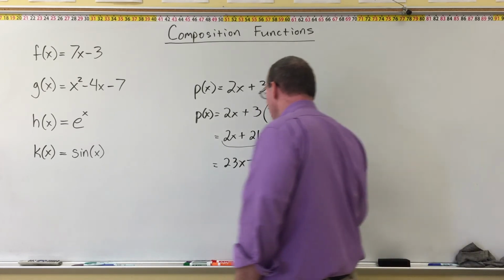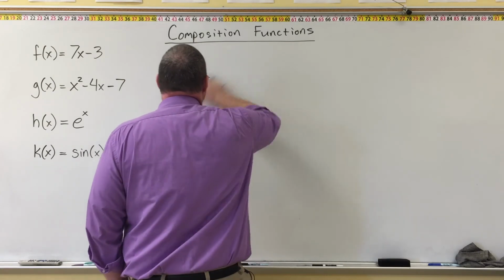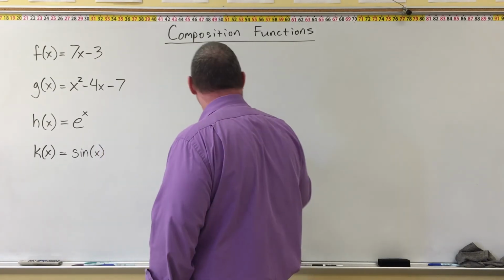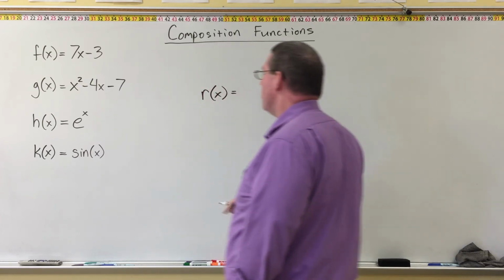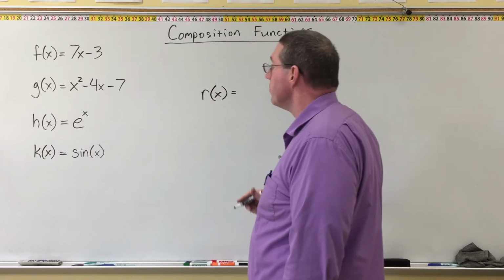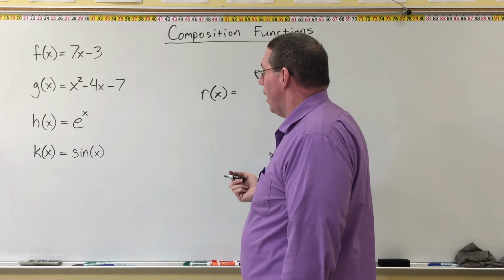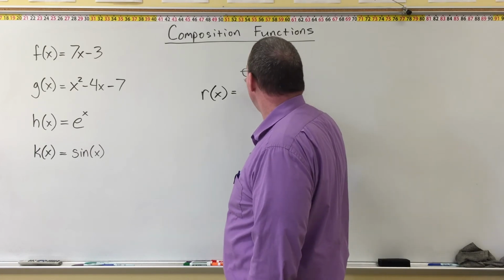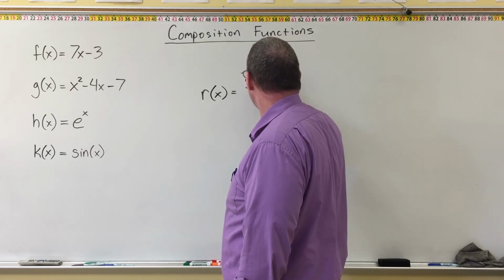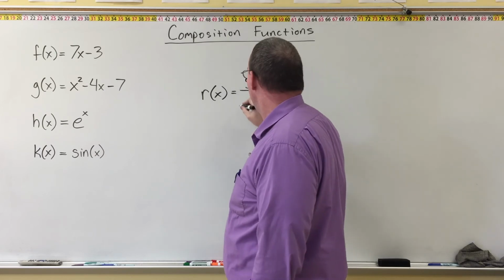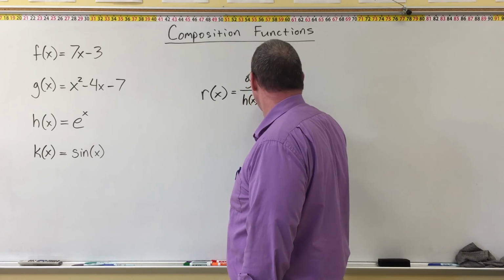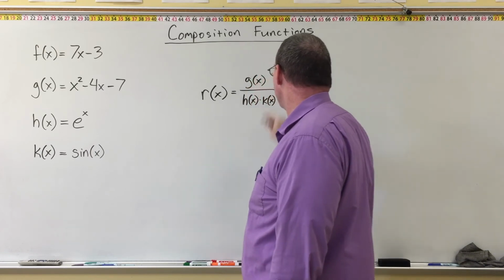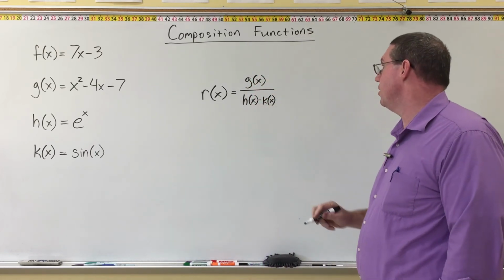All right. Let's try r of x. Let's say that r of x is equal to g of x over h of x times k of x. So we've got a division here with a multiplication in the bottom.